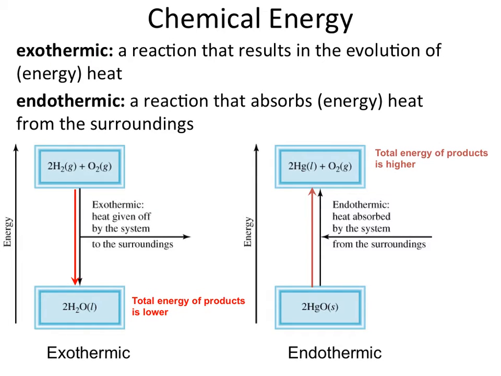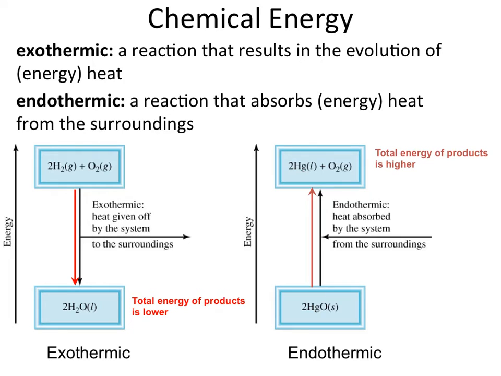An exothermic reaction is a reaction that gives off heat or that evolves heat. An exothermic reaction is going to be losing energy in the form of heat. Now, if we're taking our previous slide and thinking about the system, a reaction container that has an exothermic reaction is going to get warm.